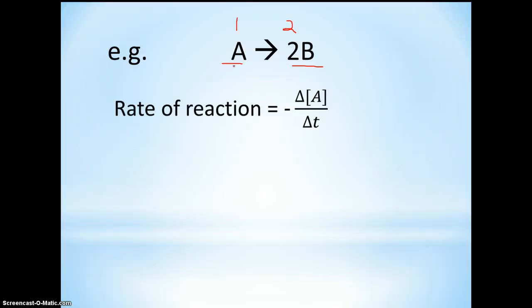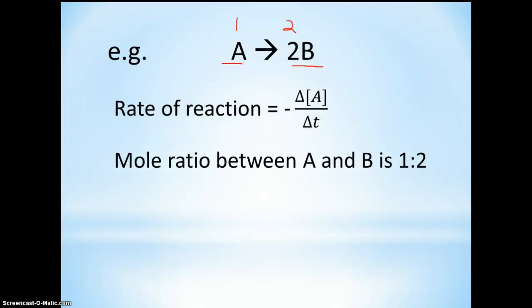That means the rate of decreasing A will become producing 2B. So how do we calculate the rate of the reaction in terms of the concentration of B? Then we have to know about the mole ratio. Just as we have mentioned, the mole ratio is 1 to 2.